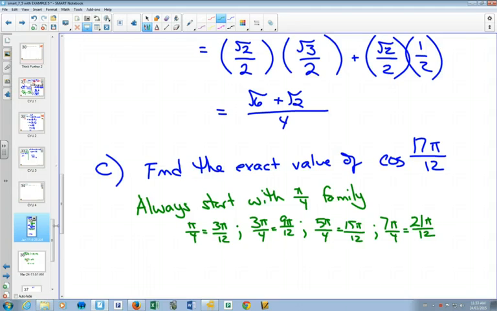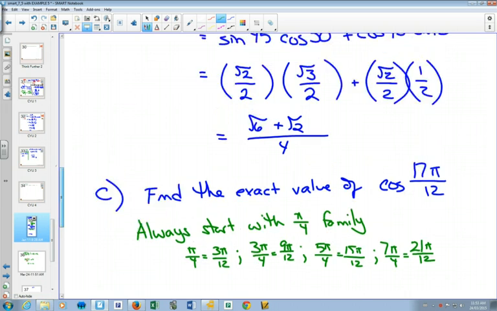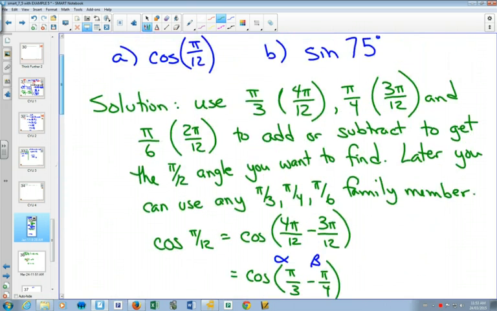So now we have 17 pi over 12. The key thing to figuring these out is if you look at the families that you know, pi over 6, pi over 3, pi over 4, when you make them over 12, which we had written down earlier, 2 of them, I'll go back up here just for a second.